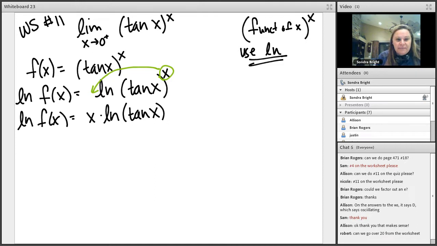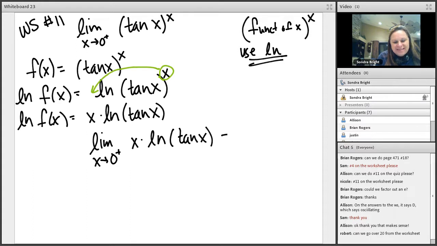All right, so I'm going to look at this right side. I'm going to take the limit as x goes to 0 from the right of x times the natural log of tangent of x. And what is that? That ends up being a 0 times... the natural log graph looks like this. This is just the parent graph of y equals the natural log of x.